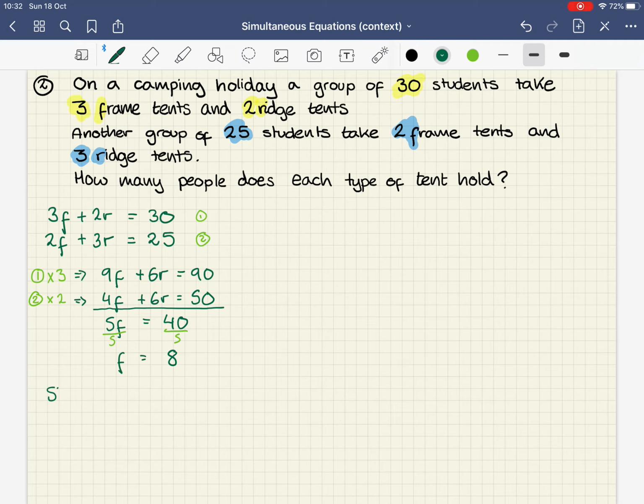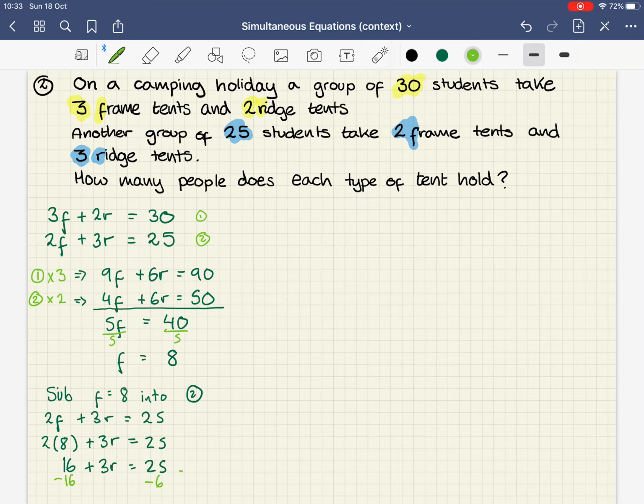So I'm going to substitute f equals 8 into, and I'm going to choose equation 2 because it looks a little easier. So I've got that 2f plus 3r equals 25. So that's going to be 2 times 8 plus 3r equals 25. So that's 16 plus 3r equals 25.